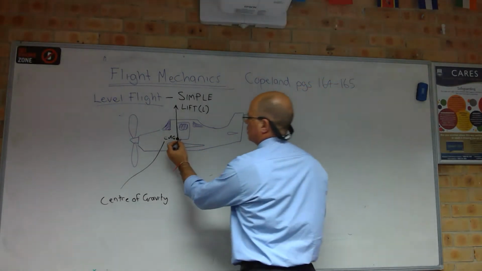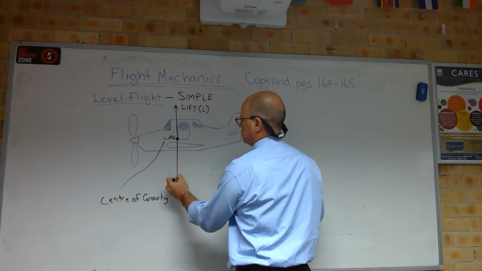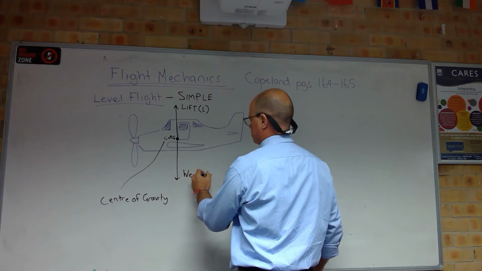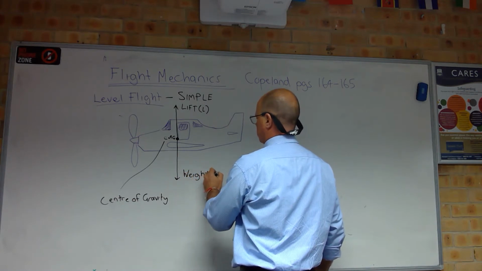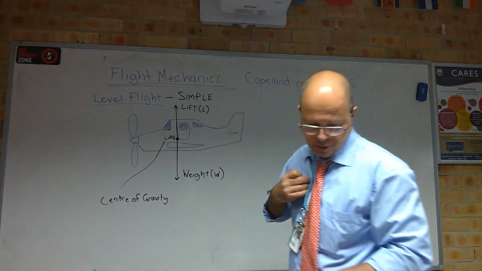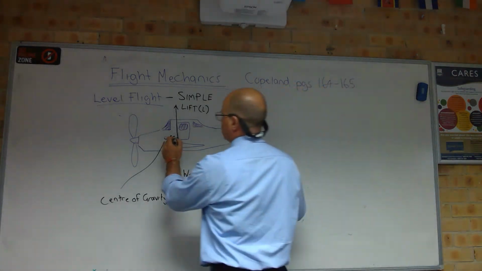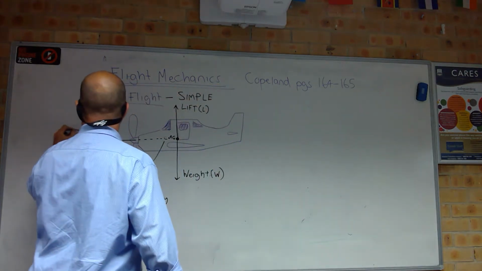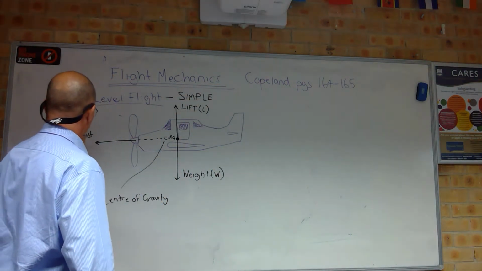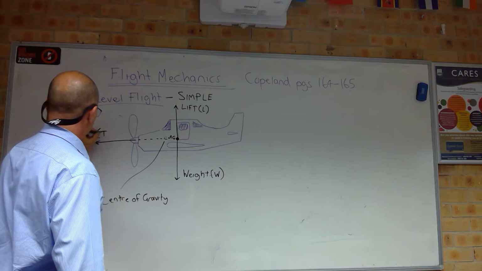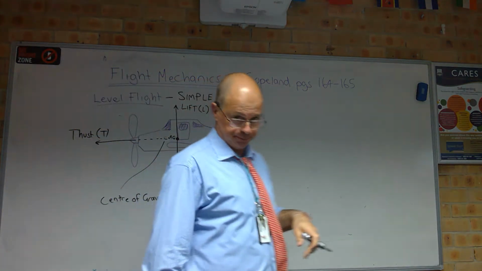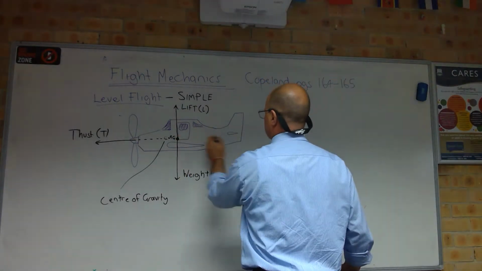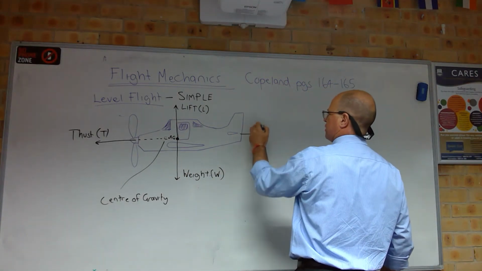And then going directly down, we have our weight force, which is W. And then through the center of gravity, they have thrust, which is the forward momentum generated by the propeller. And at the back, running through the center of gravity, we have our drag.